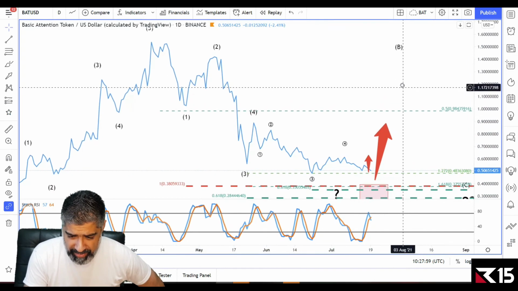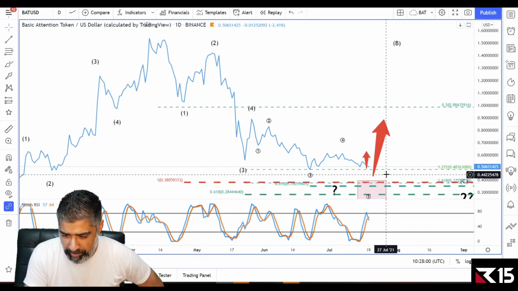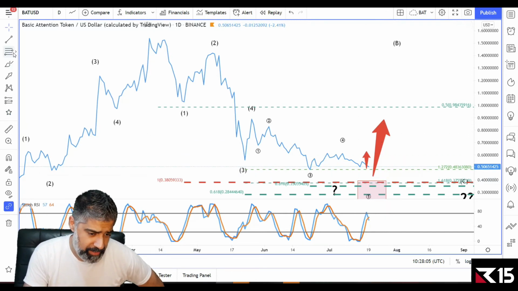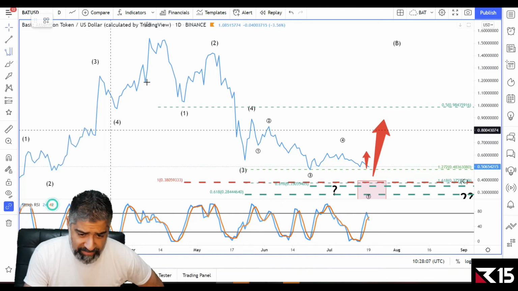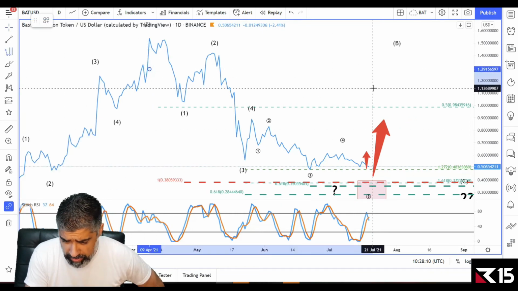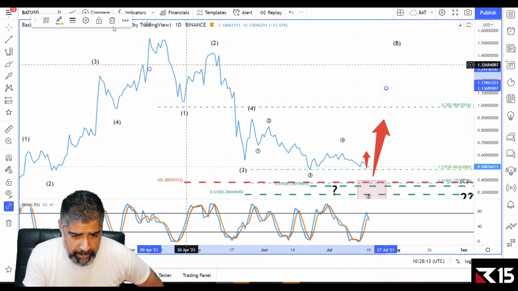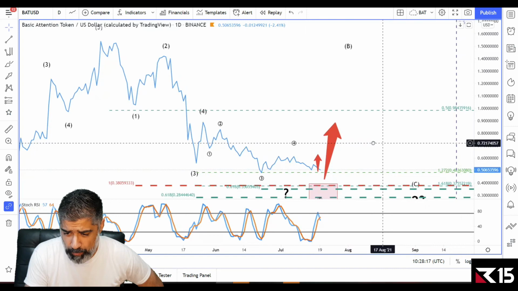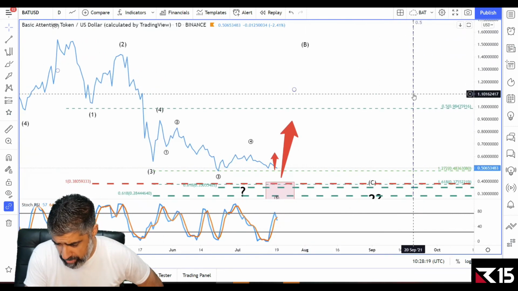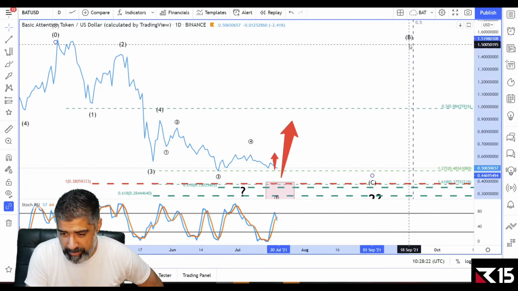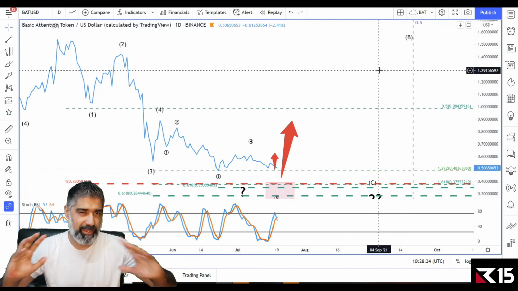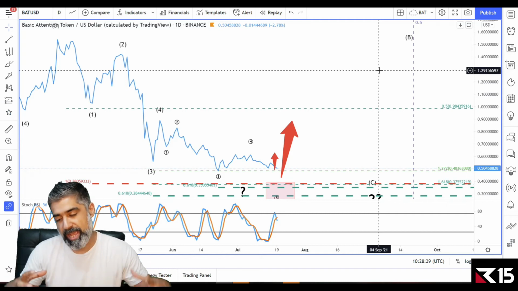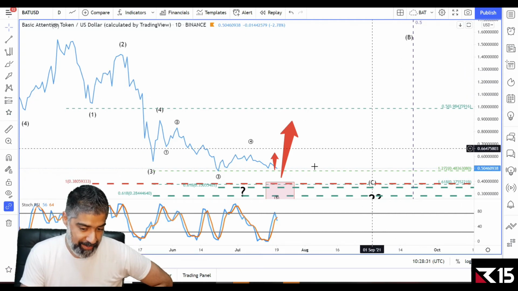Let's just say we complete this correction or this wave A by July 27th. If that turns out to be the case, the minimum time taken for a wave B will be 50% of that, which will be around mid to late September, give or take. So we know we can expect some upside movement once this low is confirmed, if it gets confirmed, because that's what it's looking like.